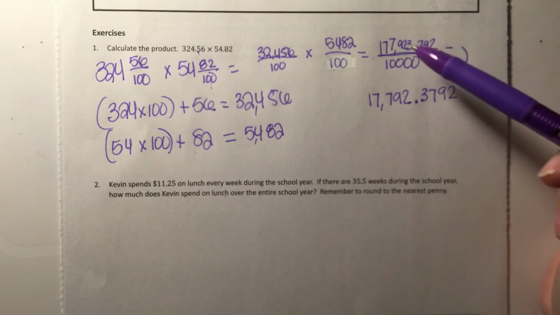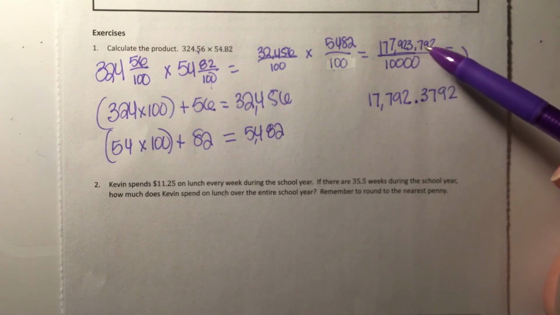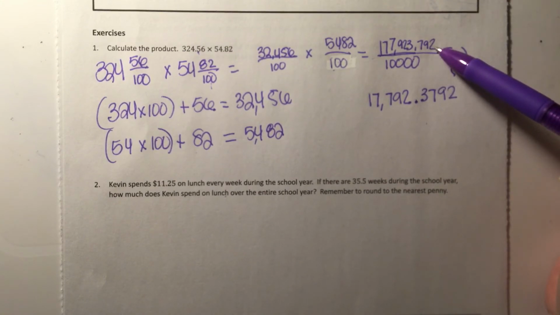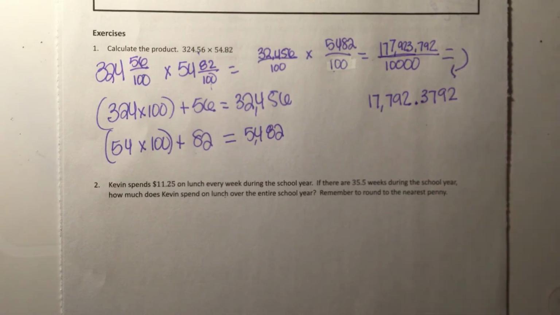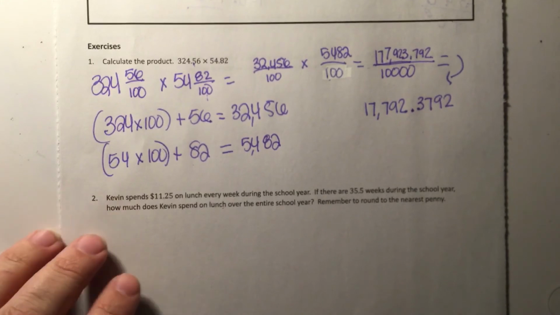But if we look here, because the decimal place is up here, I could have just moved it over 4 and I would have been fine too. Okay. You can do it that way too. When you have thousands and hundreds and tens, it makes it a little bit easier because you're technically dividing by 1. Okay, so let's look at number 2.